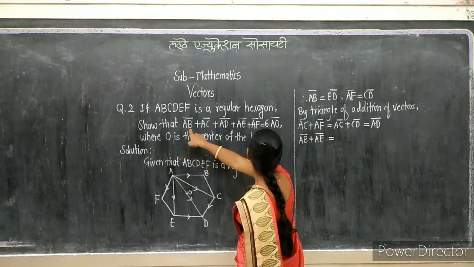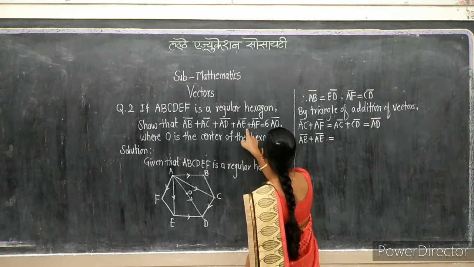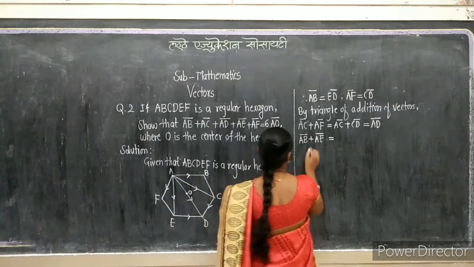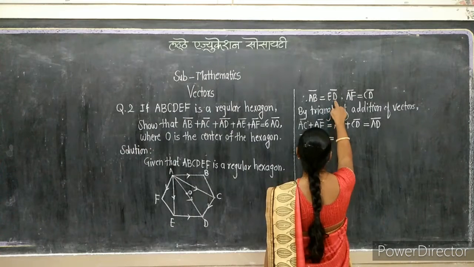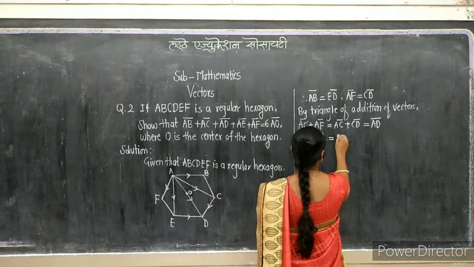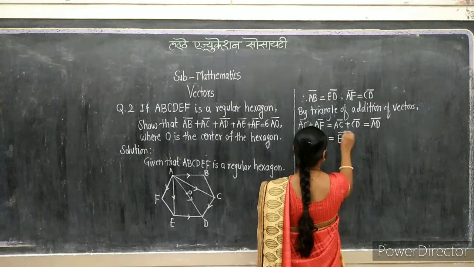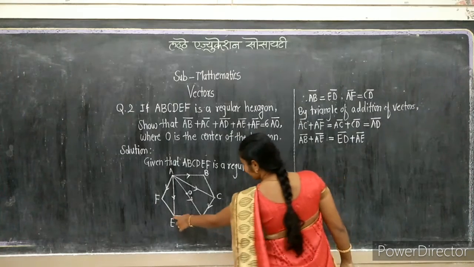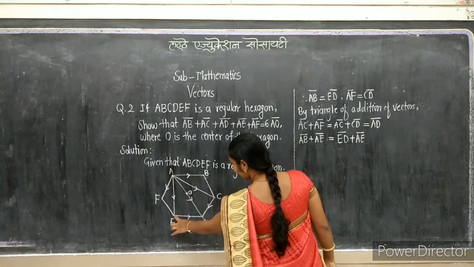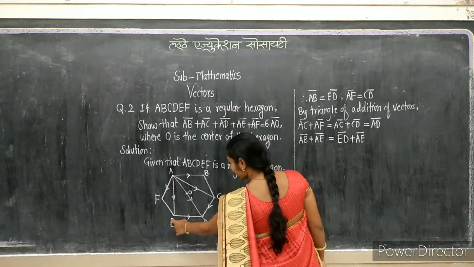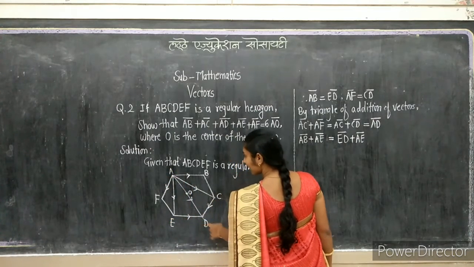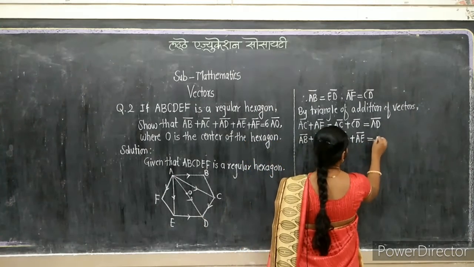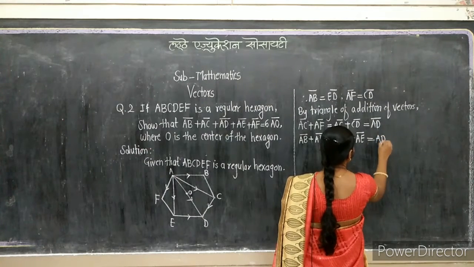In the show that part, the term we are finding out is AB bar plus AE bar. AB bar is equal to ED bar, plus AE bar. ED bar plus AE bar, see the triangle AED. AE bar plus ED bar is equal to AD bar by triangle law of addition.